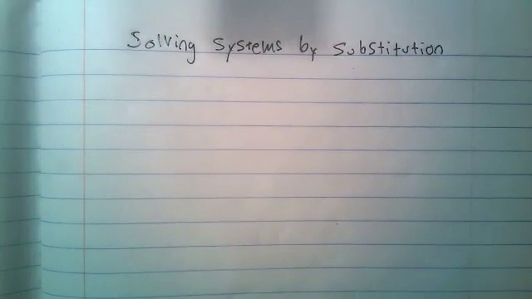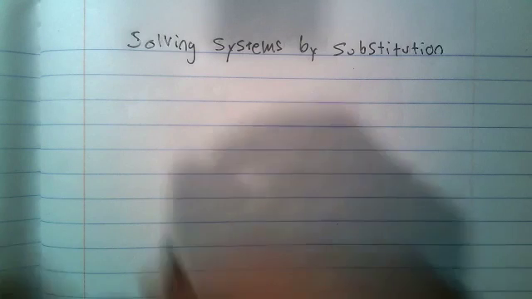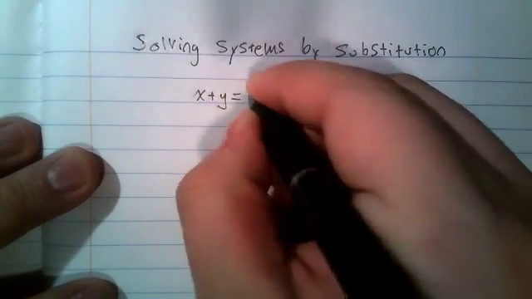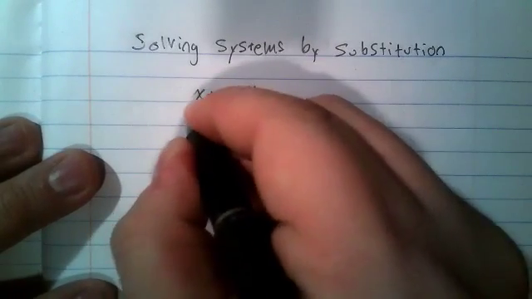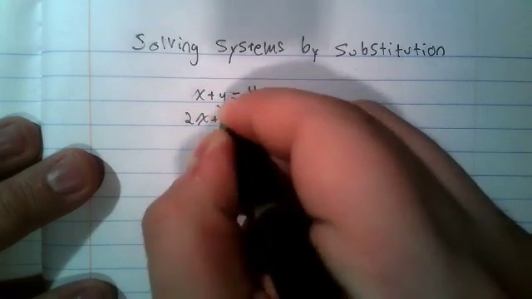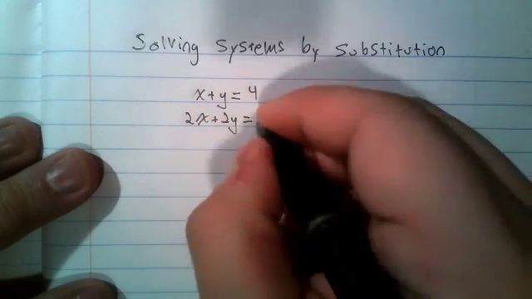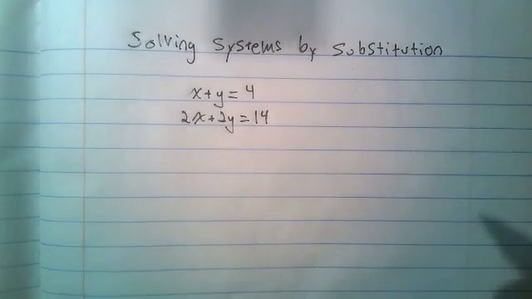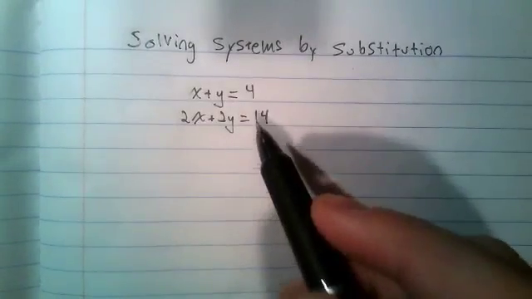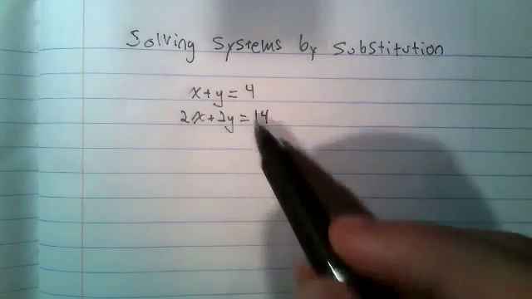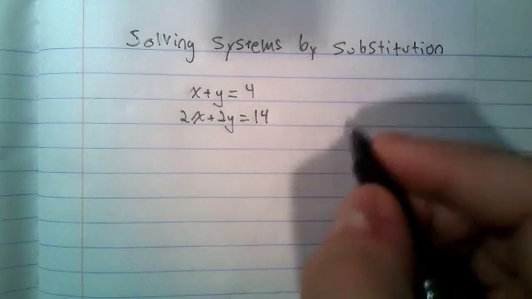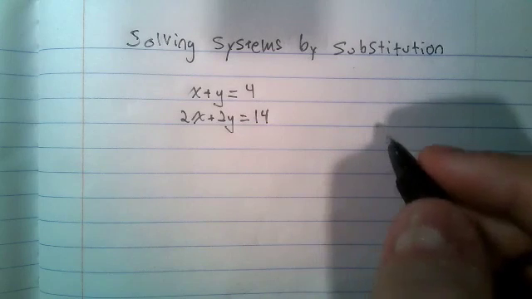When we solve systems by substitution, if we have a system like, and don't write this down, this will just be an example, x plus y equals 4, and 2x plus 2y equals 14, we're trying to manipulate these equations, do some algebra to them, so we can get it down to one equation with one variable.